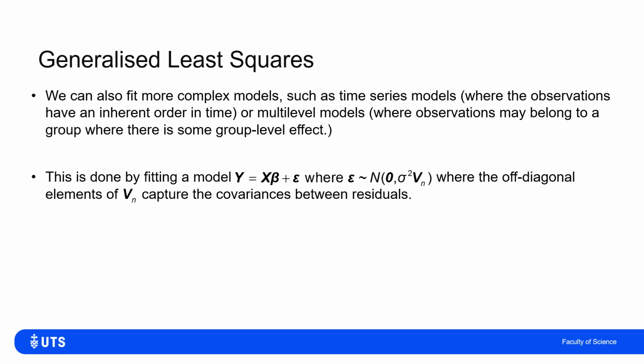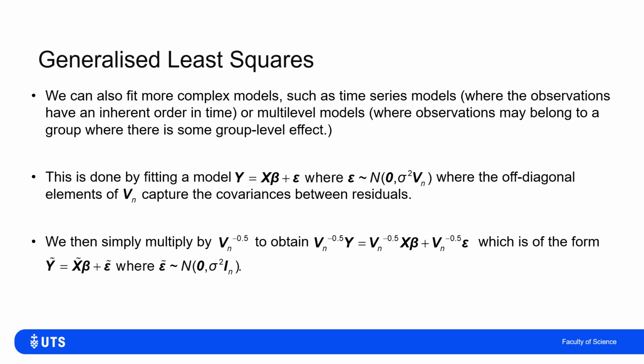But if I've got some term here where I'm saying the residual errors are not necessarily uncorrelated, that rather than saying I have sigma squared times an identity matrix, I've got sigma squared times some variance covariance matrix, where potentially I have covariances between the residuals.